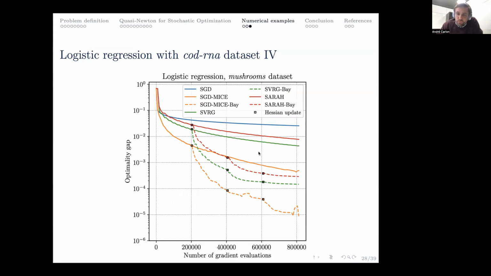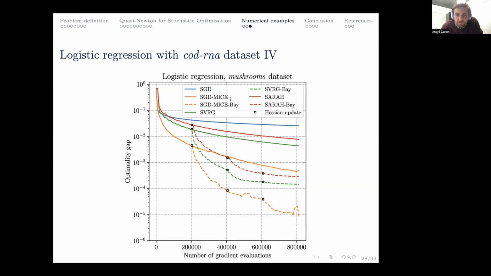What we see here is not as great of an advantage as in the other case, but still quite relevant and similar behavior. As we get here, we update the Hessian, and as we start to precondition, we go quite a bit faster. Both SARAH and SVRG also profit quite well from this preconditioning. Also, maybe I didn't mention, but to compute these Hessian approximations, we are not sampling anything that we didn't have before.